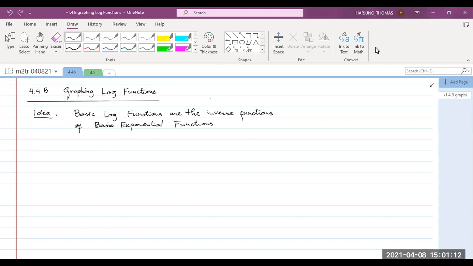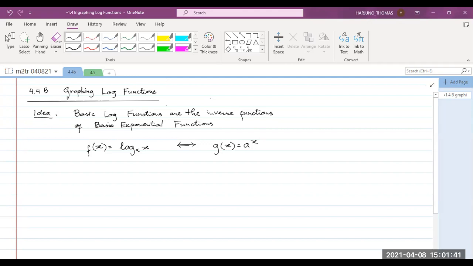Now, for graphing log functions, I will start with the basic idea that basic log functions, like f(x) equals log base a of x, is the inverse of g(x) equals a to the x.